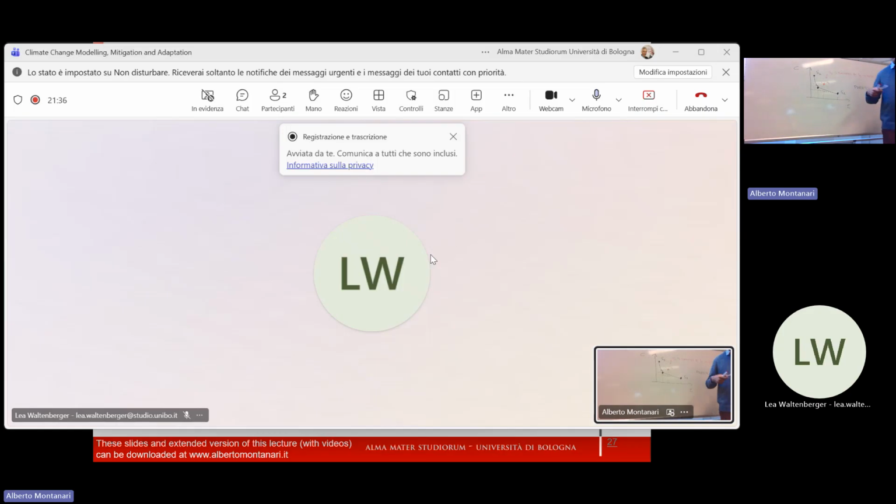So for instance, if you apply this method to parameter optimization, let's suppose that you want to estimate a parameter of linear regression, and your objective is not just least squares, but least squares plus something else, which may be that you want to minimize the sum of squares and minimize uncertainty, for instance.